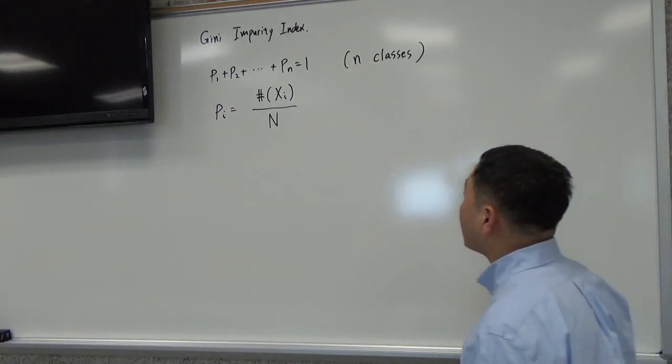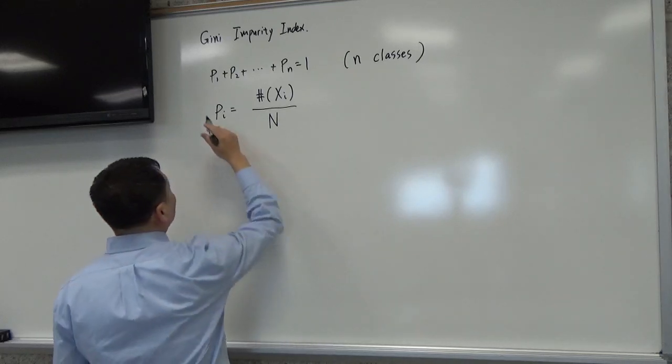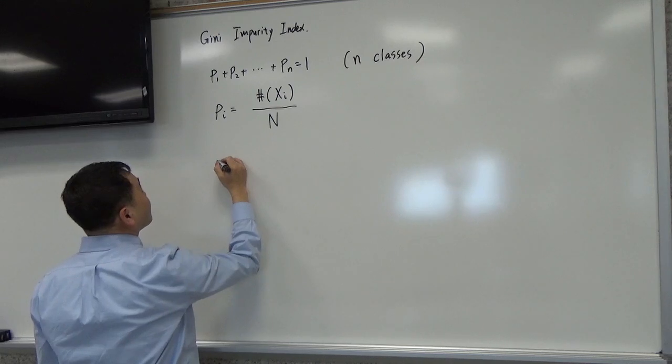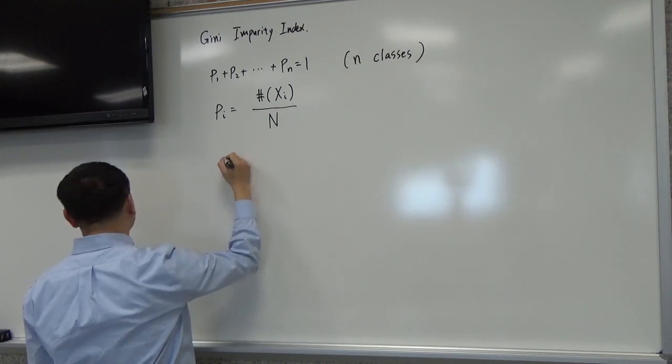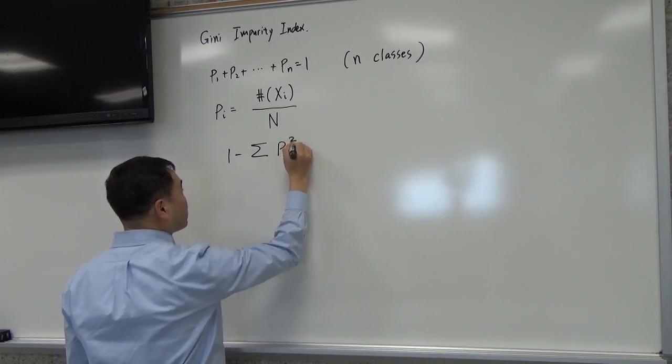Now, in such a case, you can talk about the Gini impurity index, and this is defined as 1 minus the sum of Pi squared.